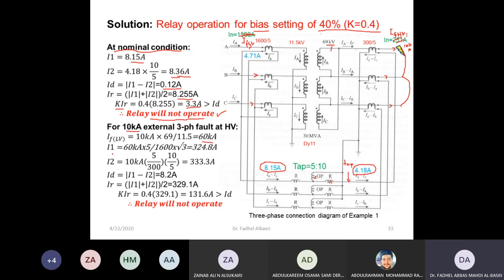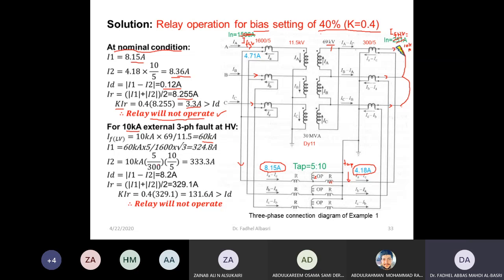Now, what is I1 now? What will be the current that goes to the relay? In this case, relay I1 is the 60 kiloampere, which is now the LV side, divided by the CT ratio times √3.